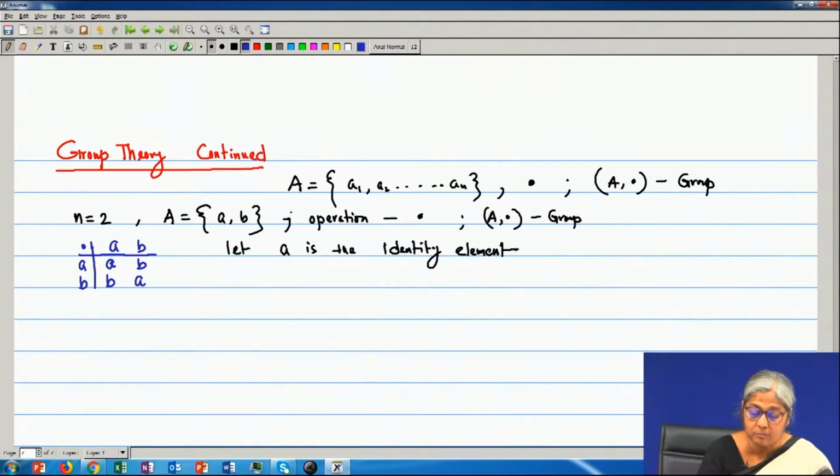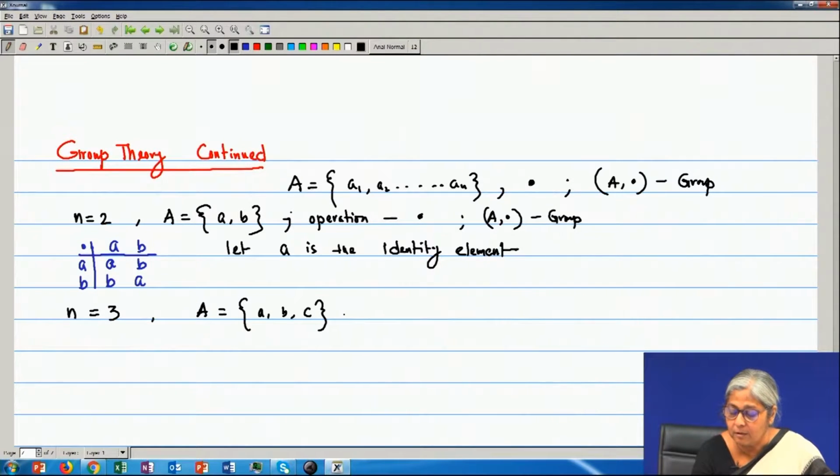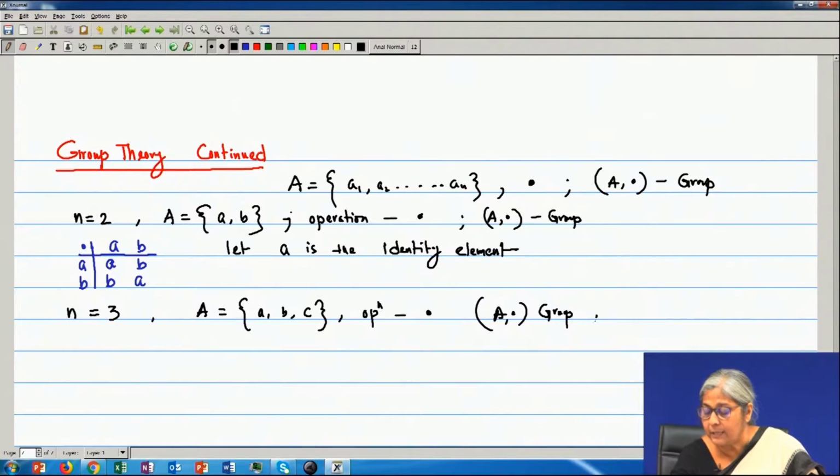Now, if I continue this for n equal to 3, and my set is A, B, C, the 3 element set, the operation is as usual dot, and A with dot is a group and A is the identity element.